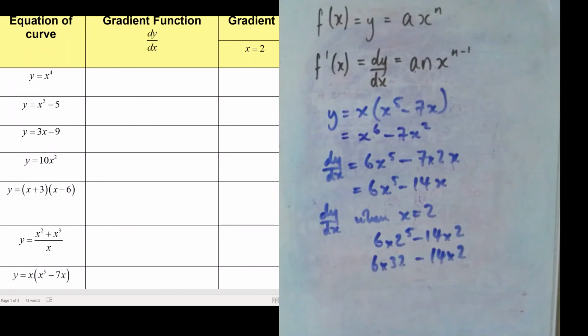And because I'm not bothered doing that by myself, this will be 164. Okay, hopefully that should have made sense.